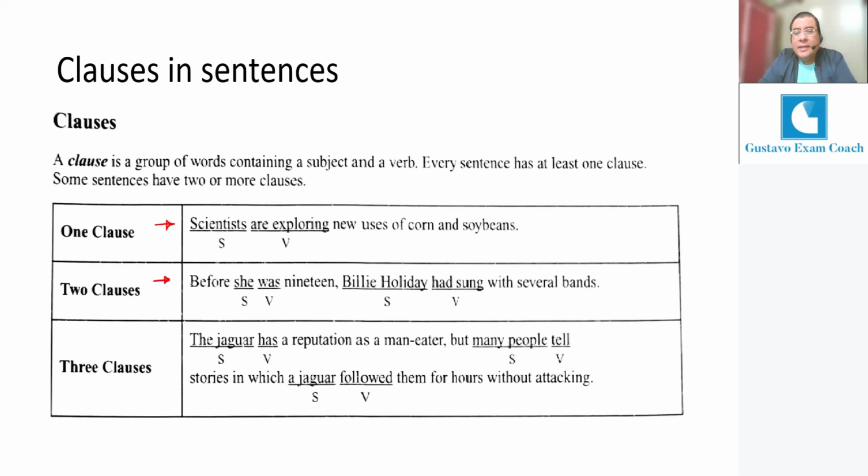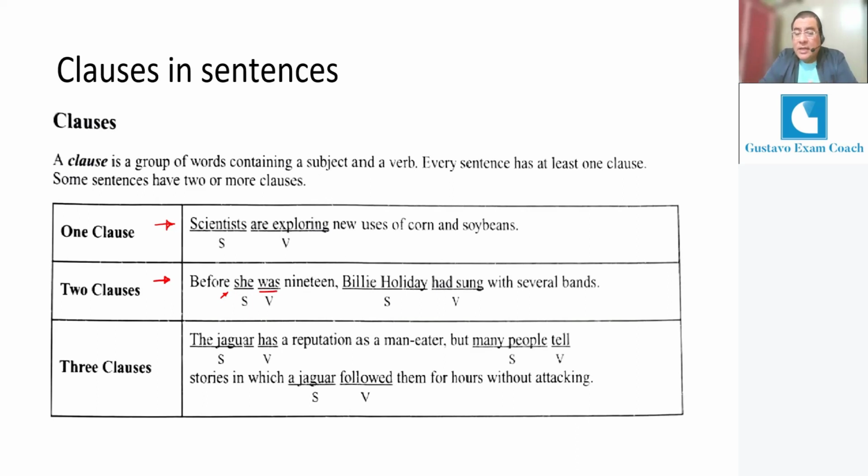Before she was 19, Billie Holiday had sung with several bands. Now let's notice the underlined portions first. At the beginning of our sentence, we have the subject she and the conjugated verb was. She was is essentially a clause, and she was 19 is a more complete clause.